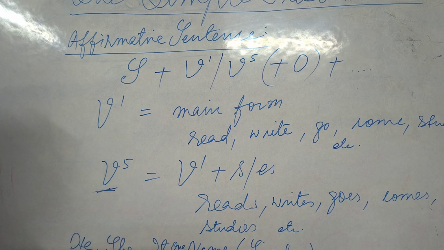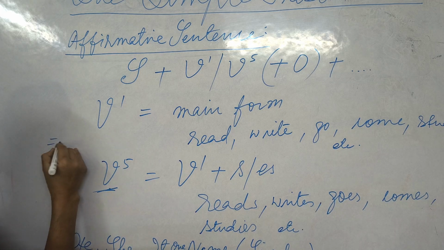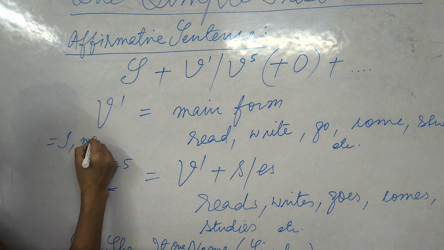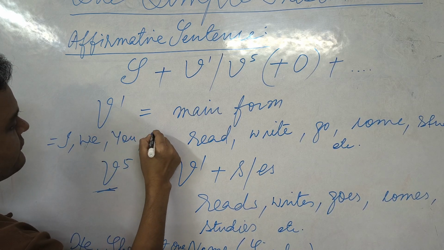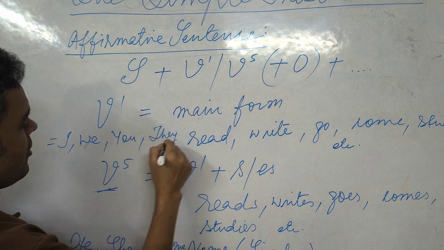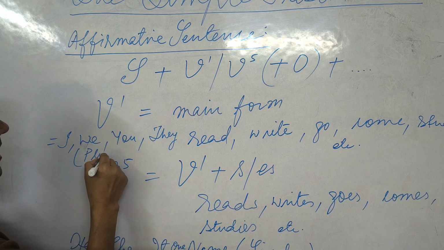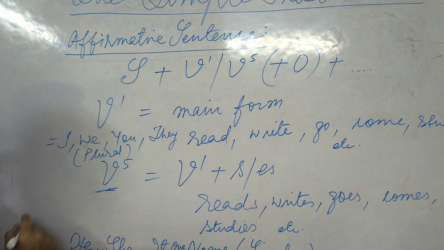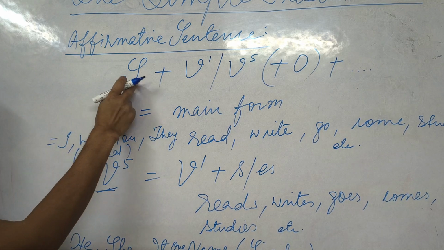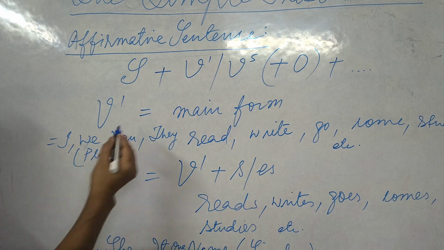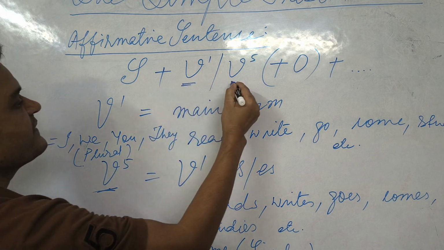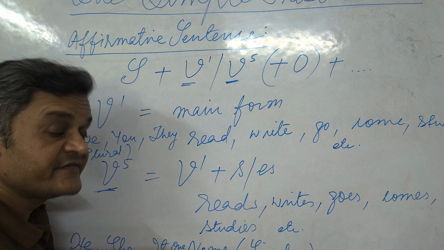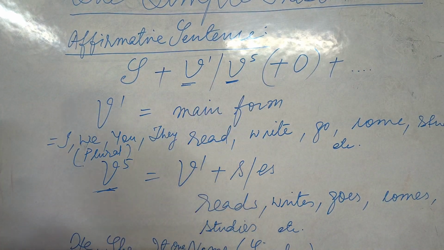And when the subject is I, we, you, or they, or plural, we use the V1 form of the verb, and when the subject is singular, then we use the V5 form.